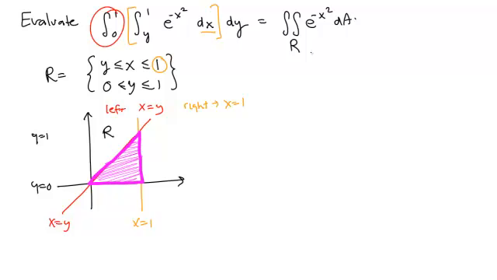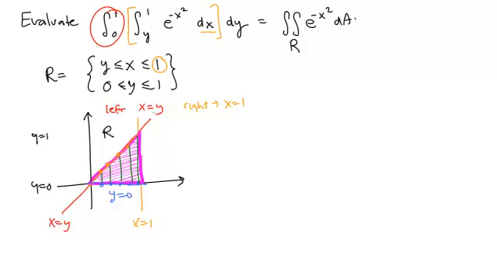Now, if we want to be able to do this double integral over this region with respect to y first, we need to describe it as a vertically simple region. So question 1, is it vertically simple? Yeah. All of the tops of my vertical lines live on the equation x equals y, and all the bottoms of my vertical lines lie on the horizontal line y equals 0.